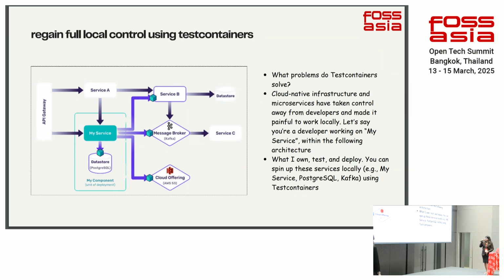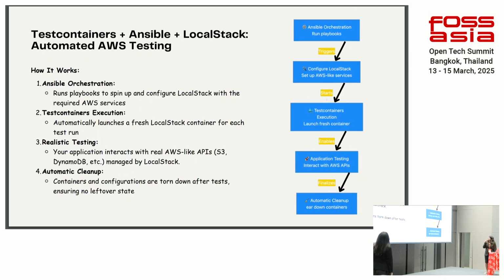Everything related to testing is done inside my service application, and a full-fledged test comes out of it. So what I own, test, and deploy, you can have full control over those, and it doesn't break your CI as well. That's a great thing, right?